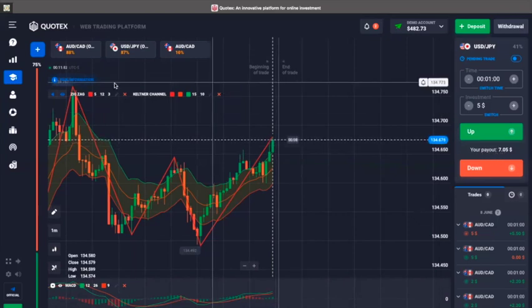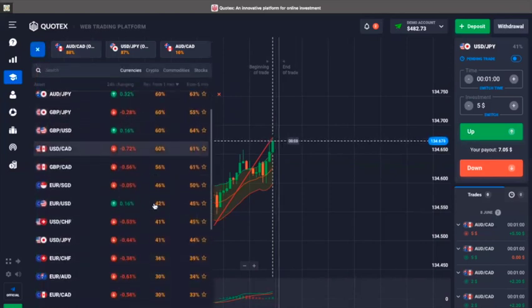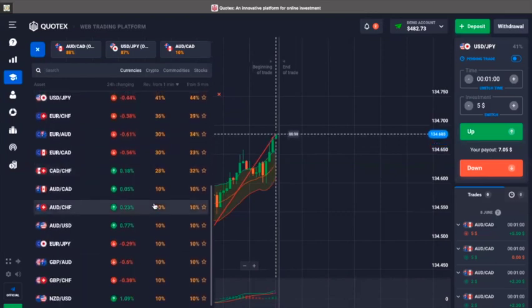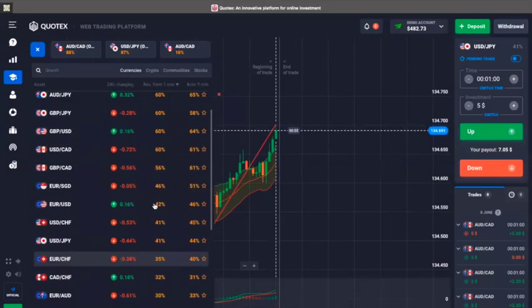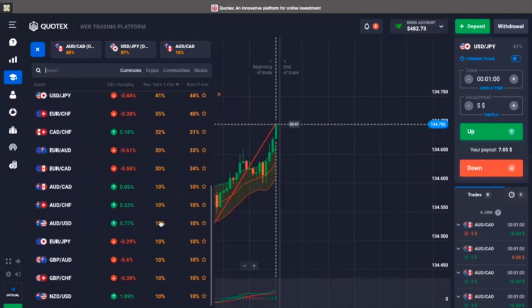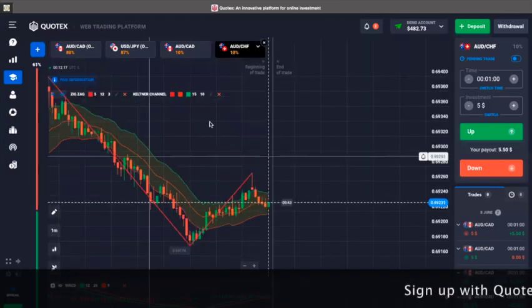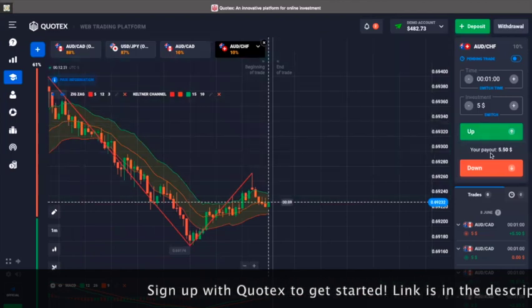Again, guys, when you're looking for your pairs, you want to make sure you're looking for pairs that have momentum and a high percentage. A high percentage is 75% and above. You don't want to go with lower percentages, because that means your payout is very low. For example, if I was to put in the lowest low, 10% on AUD CHF, it is only going to give me 50 cents.